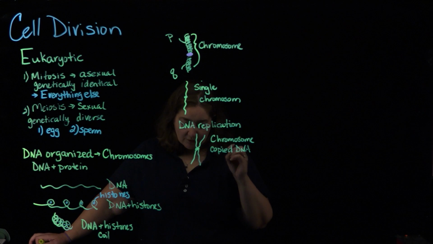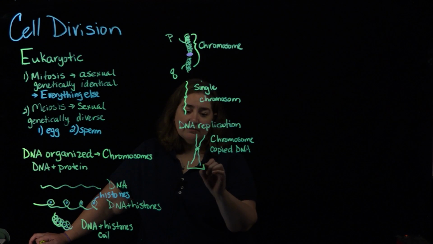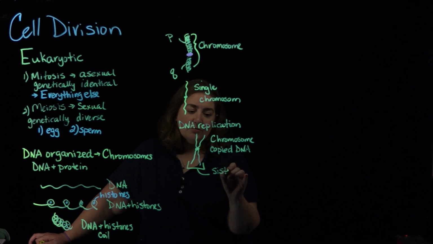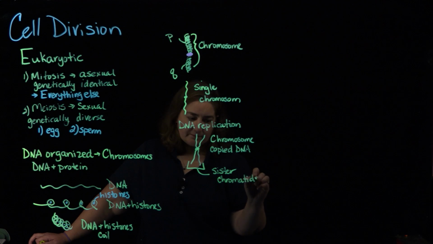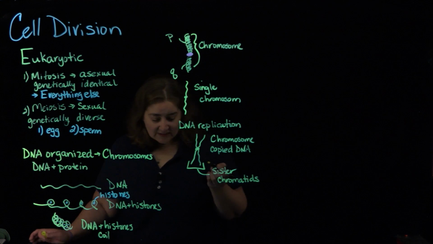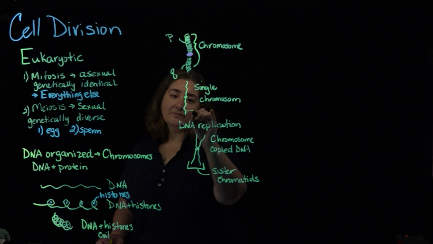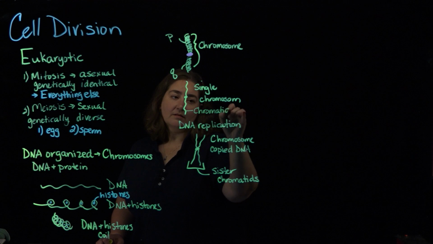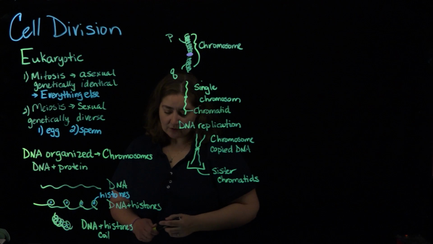And what we refer to those as, because that's going to have a special name, those are sister chromatids, with the individual chromosome being referred to as a chromatid.